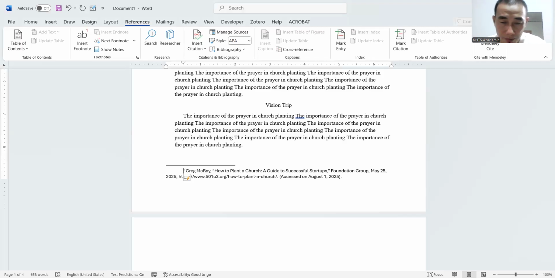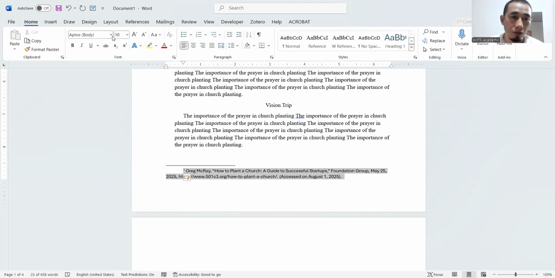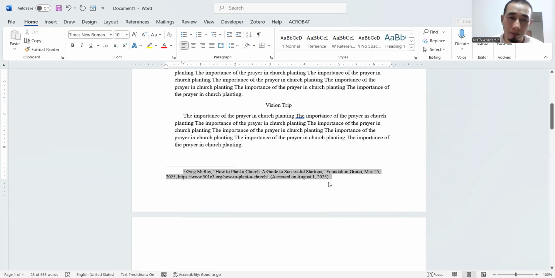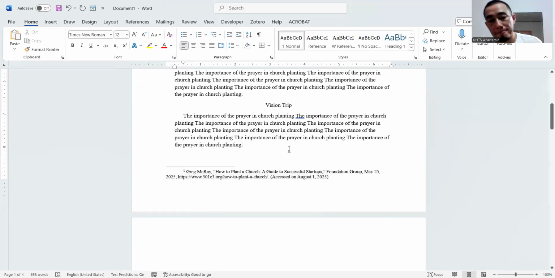Change the type, so all that information is made into Times New Roman. And the footnote will be in font 10, not 12, okay? 10. Okay, so that is what a footnote is.